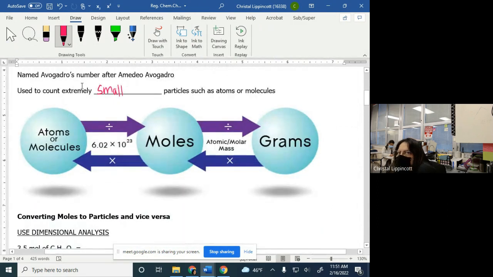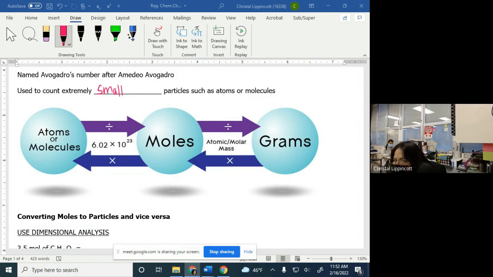So if you thought counting those grains of sand or salt yesterday was difficult, can you imagine trying to count atoms in a sample that are even smaller? You can't even see individual atoms. So we use this to help us.